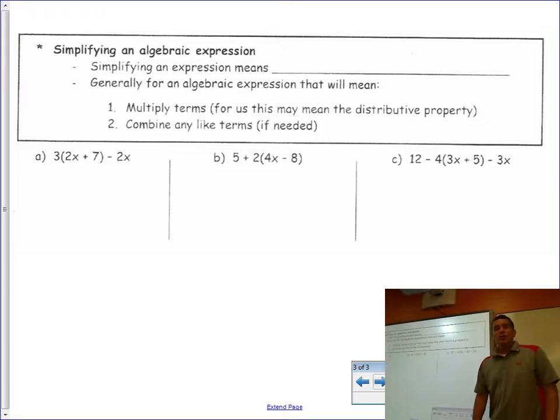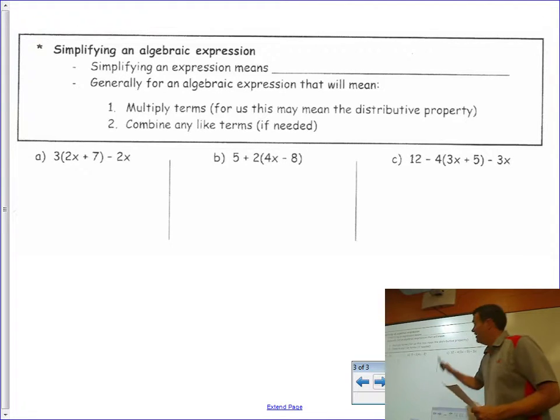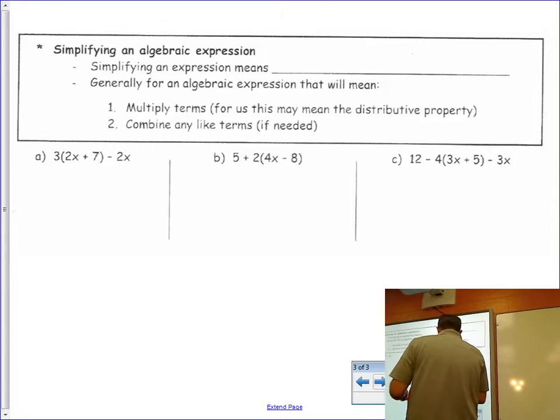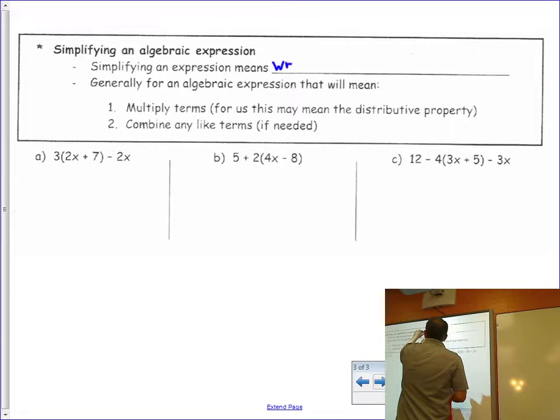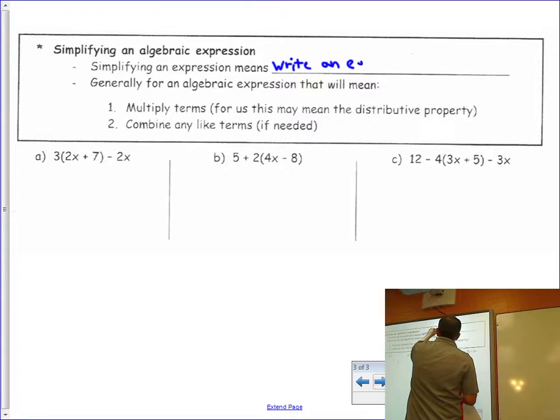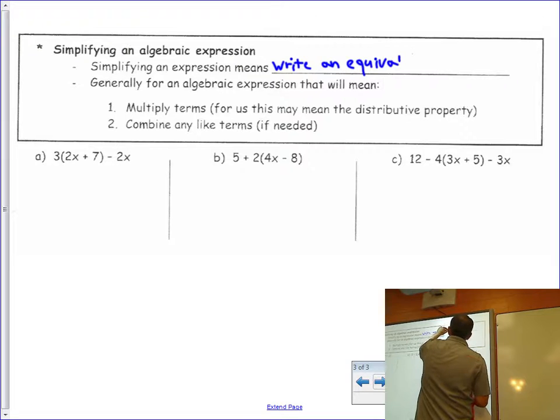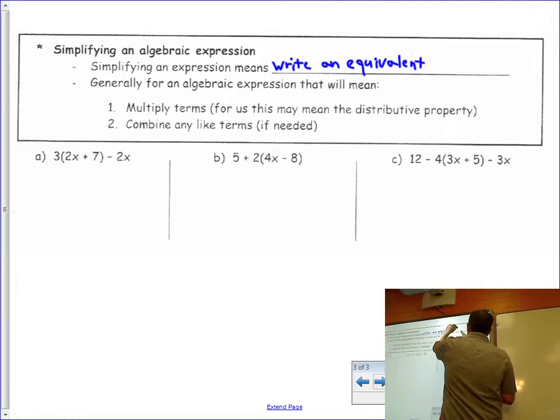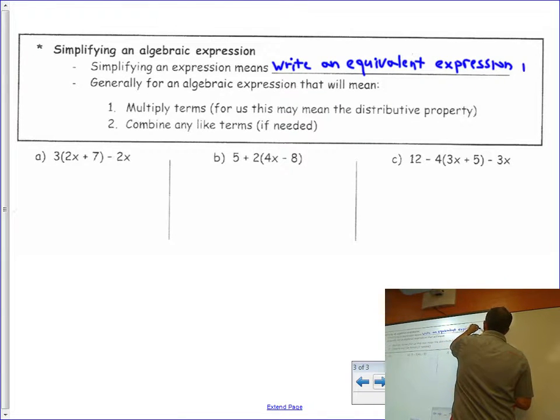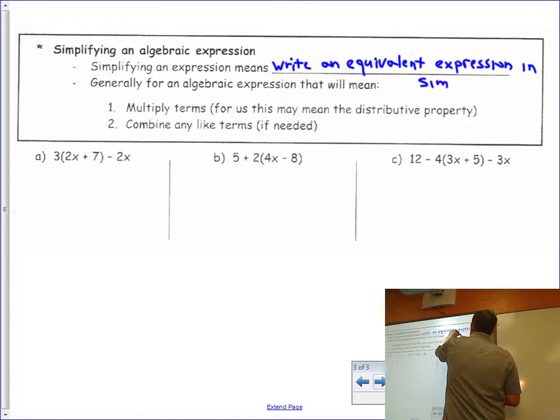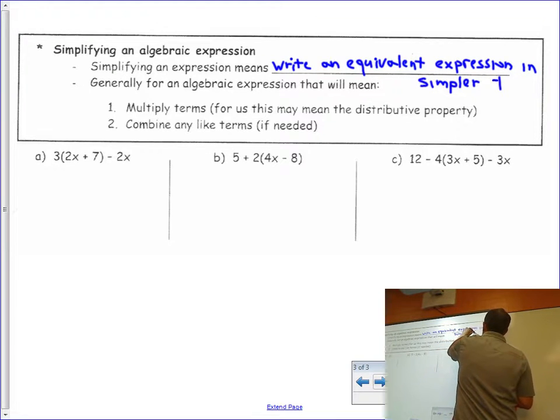Okay, last up, we're going to combine all of our skills over the last couple days, and we're going to simplify an algebraic expression. All right? Simplifying an expression means write an equivalent expression in simpler terms.